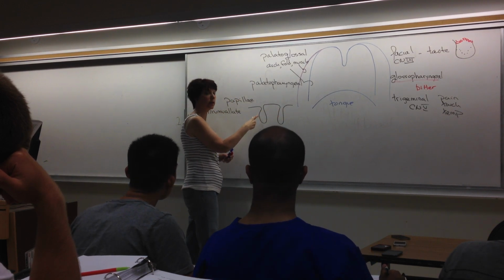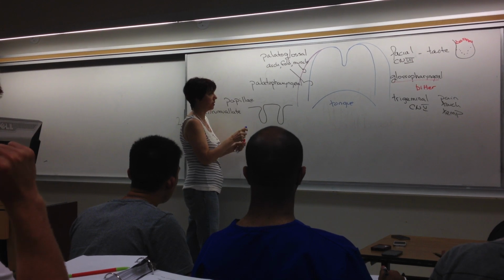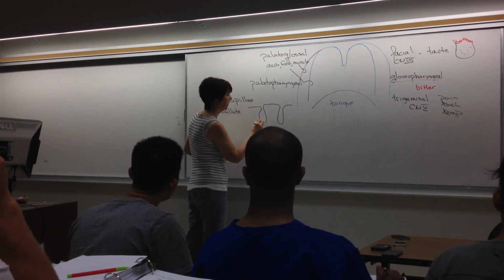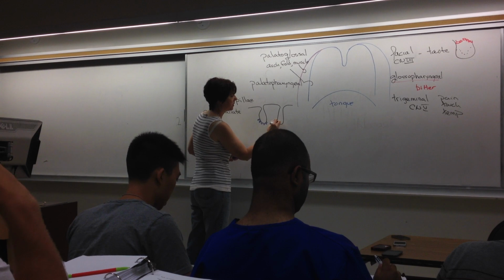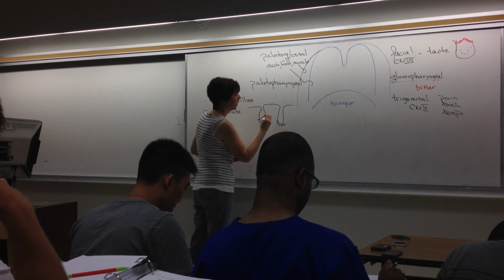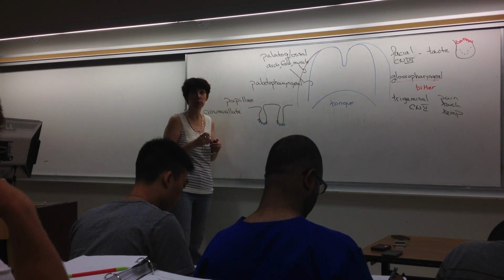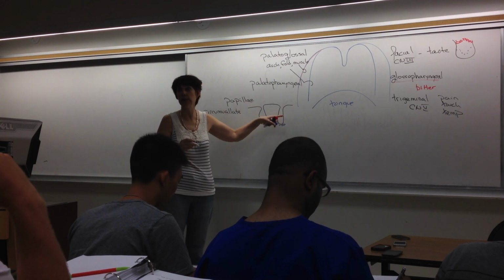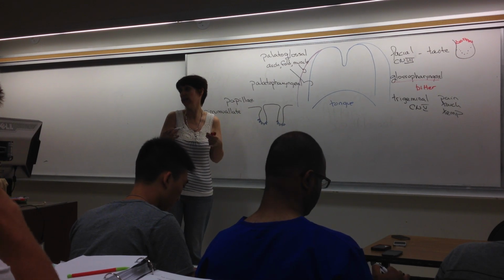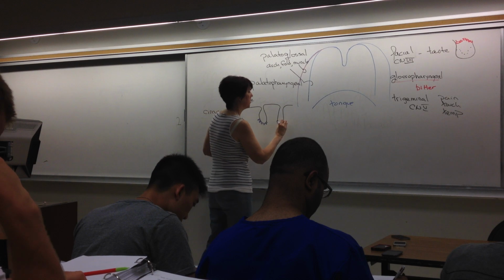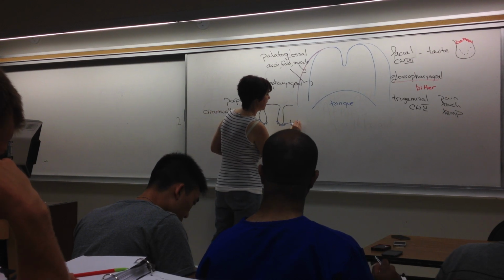This would be a moat, and at the base of that moat, we have taste receptors. So the solution, the chemical that you're tasting, has to be in solution to get down into that moat and actually reach the receptors. So the circumvallate papillae have taste receptors.